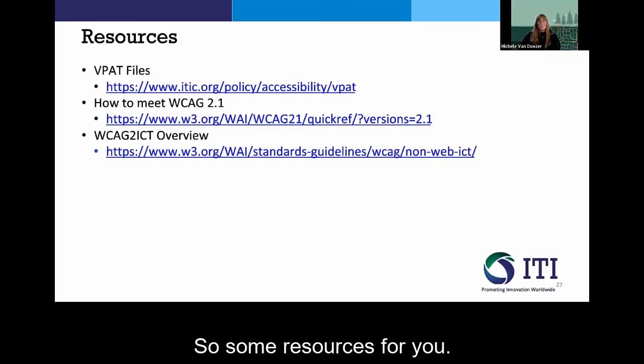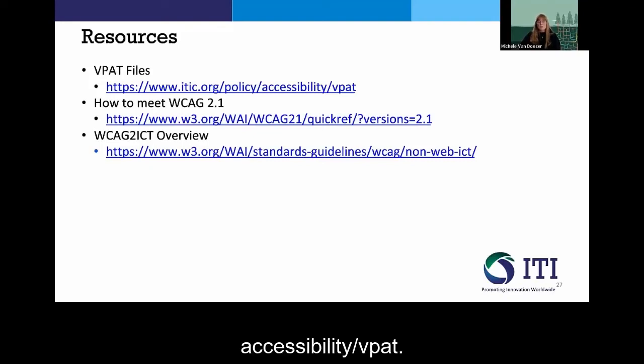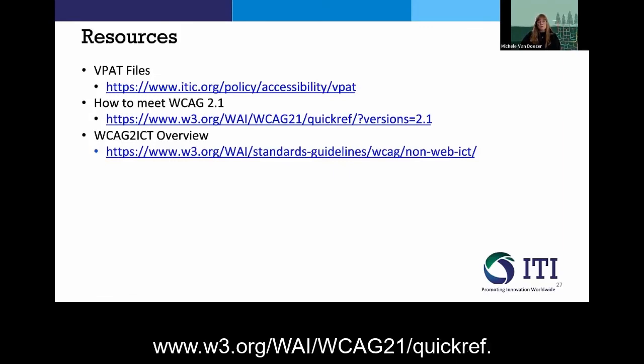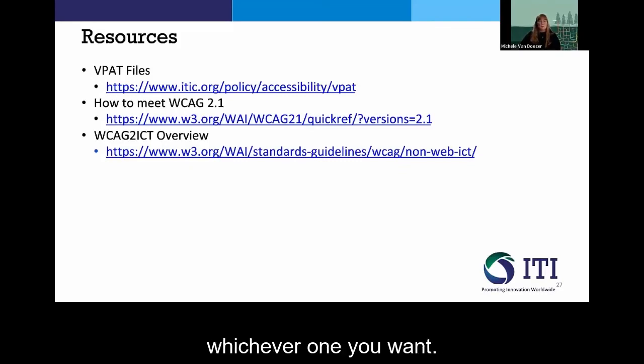So some resources for you. The VPAT files are out on www.itic.org/policy/accessibility/VPAT. And then for information on how to meet WCAG 2.1 or 2.0, go to www.w3.org/WAI/WCAG21/QuickRef, and then you can add /versions equals 2.0 or 2.1, whichever one you want.